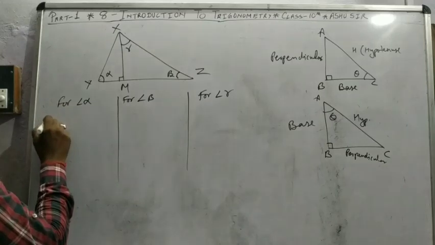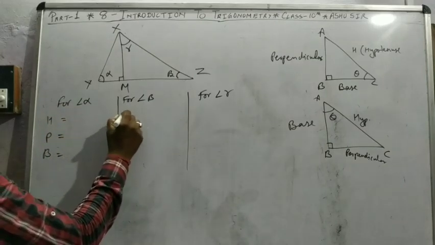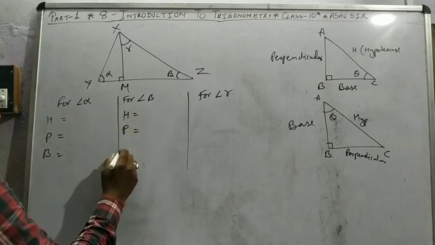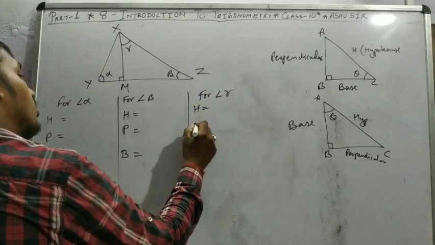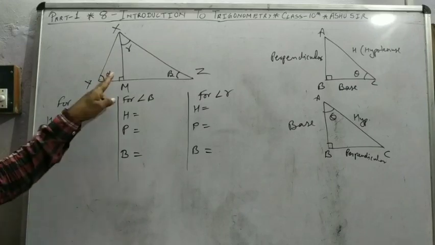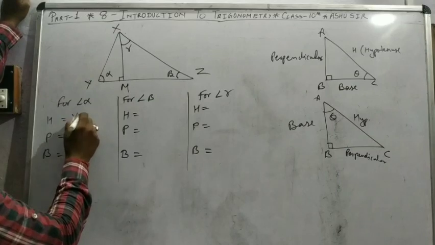So hypotenuse, perpendicular, base. For angle alpha, 90 here, so opposite of 90, XY is the hypotenuse.